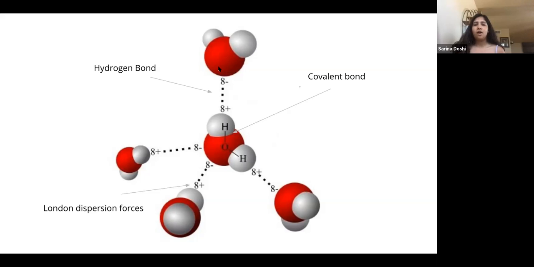atoms from one water molecule can attract atoms from another molecule, forming these hydrogen bonds. Hydrogen bonds are generally more weak. However, they are very strong within water because of the polarity. And then last, we have London dispersion forces, which are found in any polar molecule and are very hard to explain without going into a lot of chemistry.